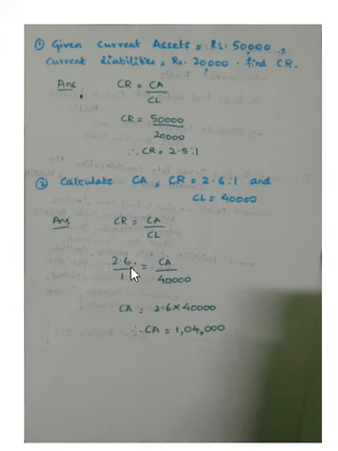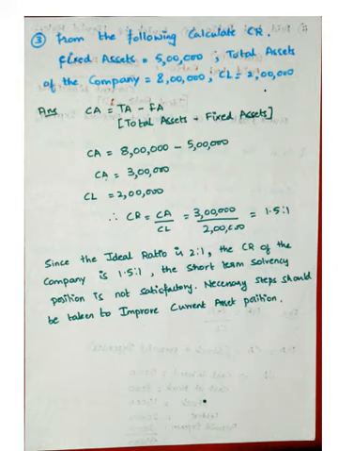So 2.6 divided by 1, that is how you're supposed to write, which is equal to current asset, which we are supposed to find out, an unknown figure, divided by 40,000, which is your current liabilities. So when you cross multiply, current asset is equal to 2.6 into 40,000. Therefore, current asset is equal to 1,04,000.